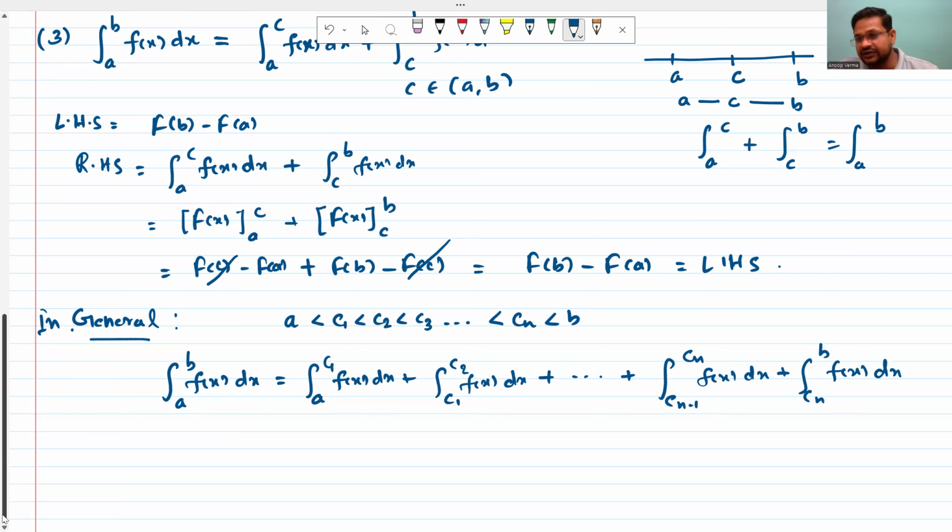So you can break the interval as you want, in a finite number of intervals.